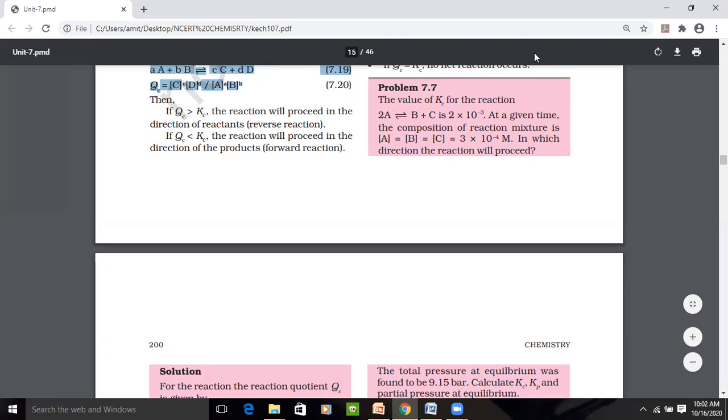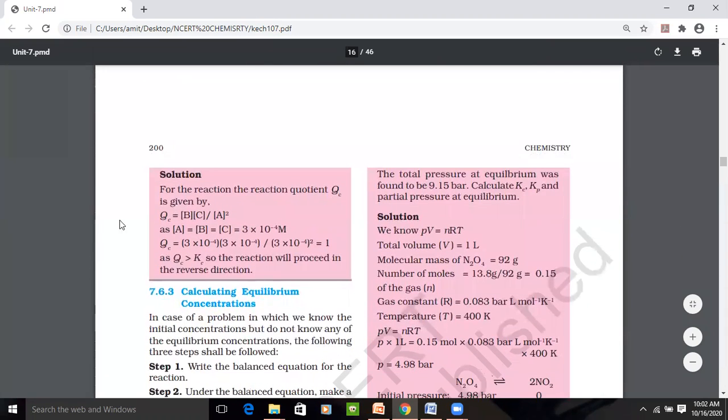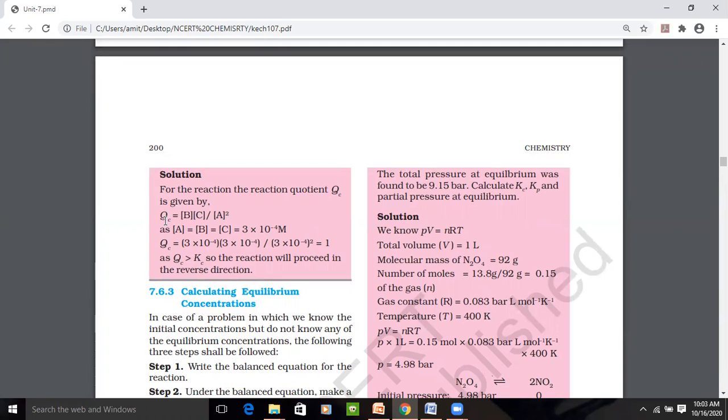In which direction will the reaction proceed? For that we have to calculate the value of Qc. Qc is equal to product upon reactant. We know that the stoichiometric coefficients are raised as powers, so B into C is the product upon A squared. We know that A equals B equals C, all the molar concentrations are the same.